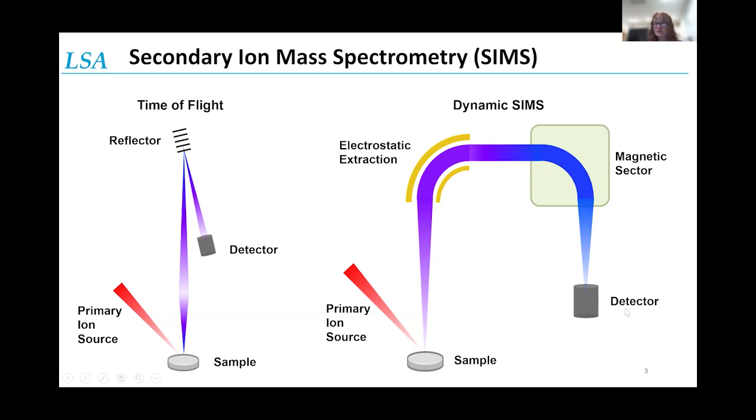A couple of differences between magnetic sector and the NanoSIMS. With NanoSIMS, you select your 7 masses and you have 7 different detectors, and your masses have to all be within several mass units of each other so that they hit the detector correctly. The difference with magnetic sector, or the Cameca IMS 7Fs, is that we alter the magnetic sector settings so that we rotate through different mass units and focus them all onto the same detector.